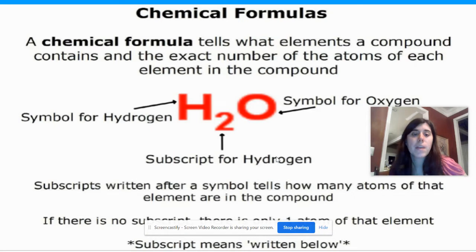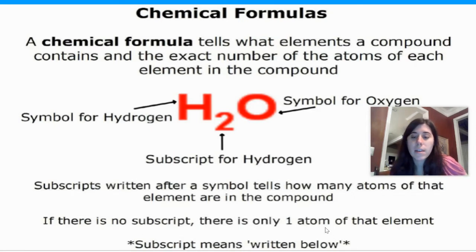Okay. The first thing I always want to remind you of is that when we are dealing with naming nomenclature, we want to make sure we understand what the formula is telling us. A formula tells us the elements that are involved, and it tells us how many of each of those elements are involved. That's called a subscript.